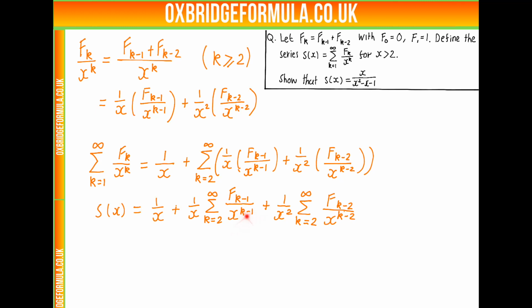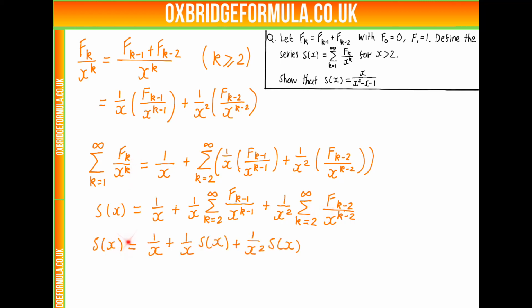What about the second? Well, this is S(x) as well. It's the same as summing from 0 to infinity f_k over x to the k, but we know f_0 is 0, so the first term has no impact. So it's the same as summing from 1 to infinity, which is S(x).